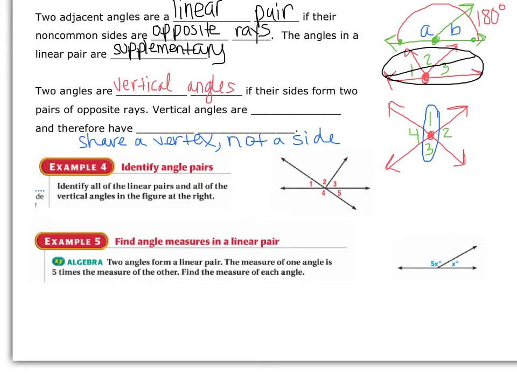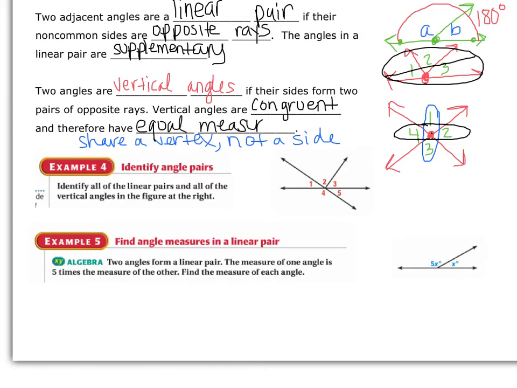Also, going the other way, 2 and 4 are vertical angles because they share that vertex right there. What's special about vertical angles is that they are congruent. Remember, anytime we have angles that are congruent, that means they have equal measures.